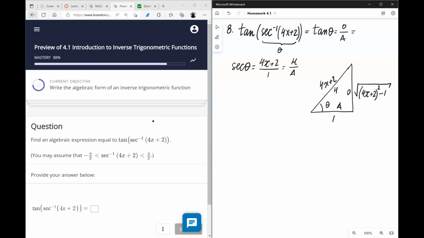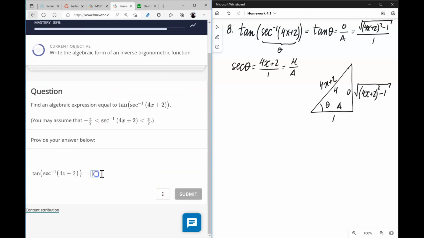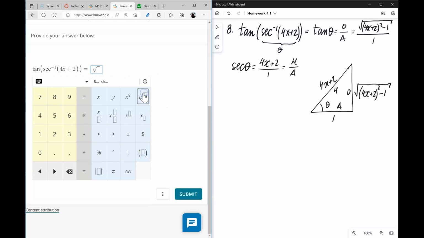And now I'm going to write the answer. So it's going to be square root of 4x plus 2 squared minus 1 divided by 1. So it's just going to be the square root of 4x plus 2 squared minus 1.